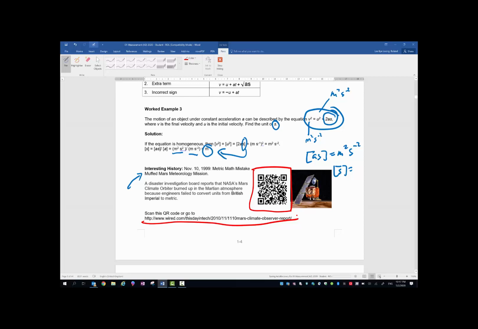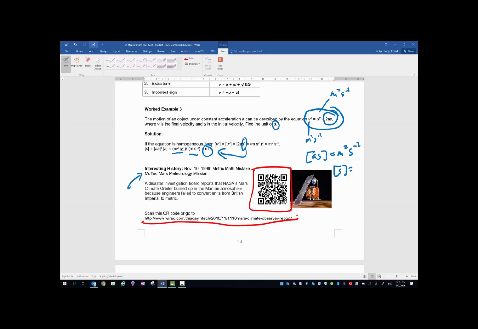I can't remember the exact name of it; it's in the link. This device actually burned up in the atmosphere because of wrong calculation. Why wrong calculation? Because the British did not convert the units in the calculation.